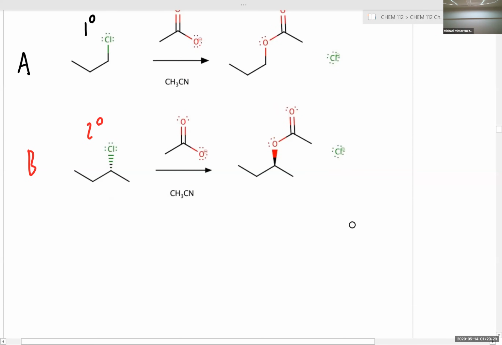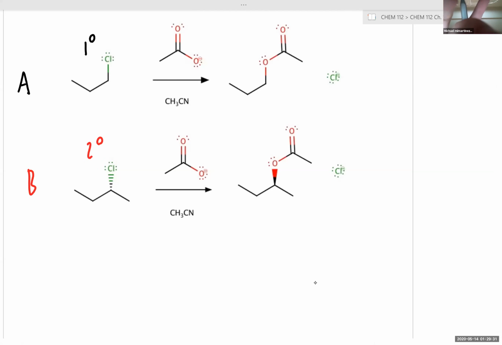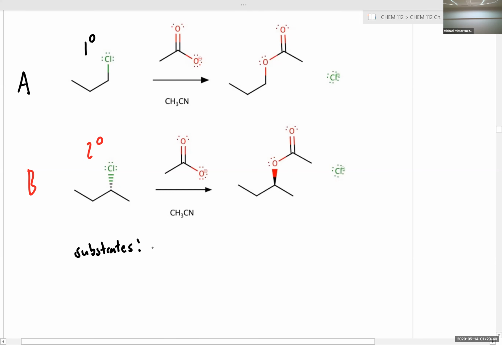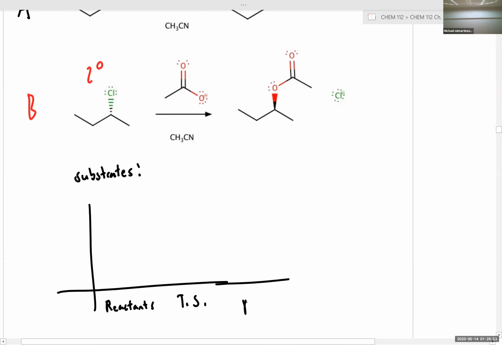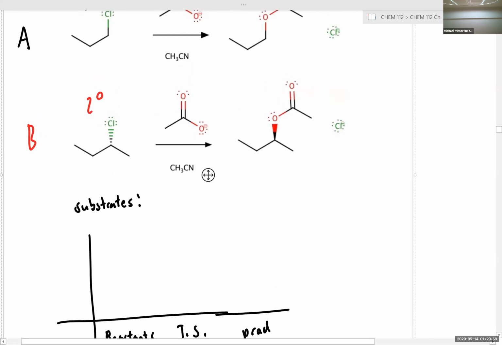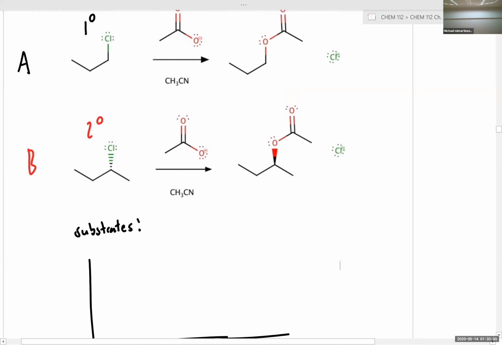Okay, so let's think a little bit about substrate effects. So when we think about substrates, what does the substrate change in our reaction diagram? So if we have our reaction diagram and we're looking at our reactants, our transition state, and then our products, what happens when we change and we look at a primary versus secondary?